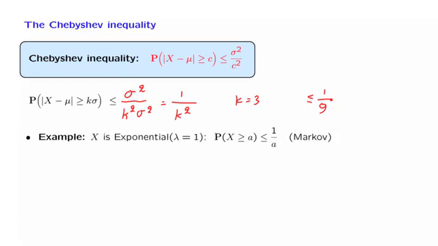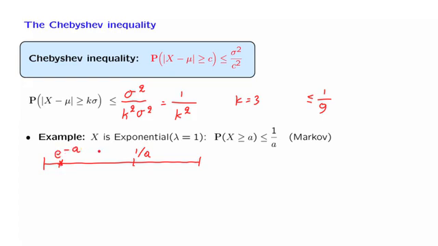Let us now revisit our earlier example where x is an exponential random variable, and we're interested in the probability that the random variable takes a value larger than or equal to a. The Markov inequality gave us a bound of 1 over a, and as we recall, the exact answer to this probability was e to the minus a.